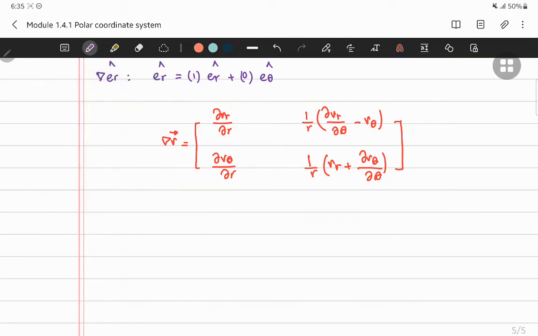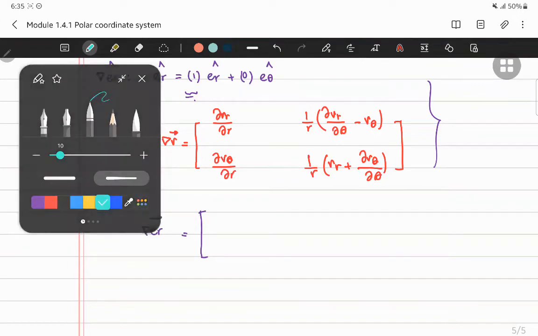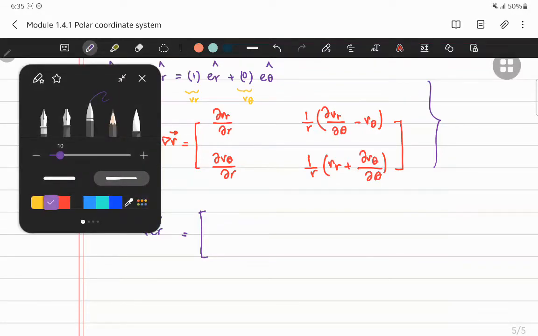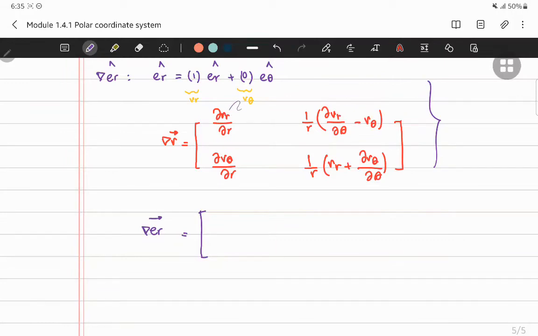So using this, I have del e_r as, this is V_r, and this is V_θ. The partial differential of V_r with respect to r is 0.